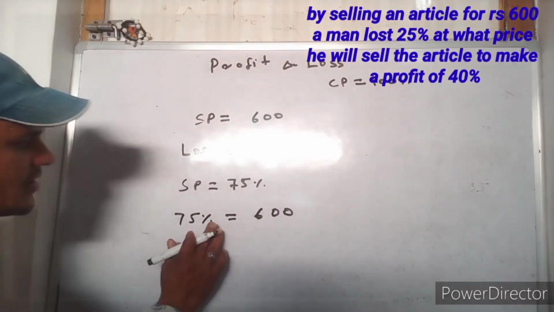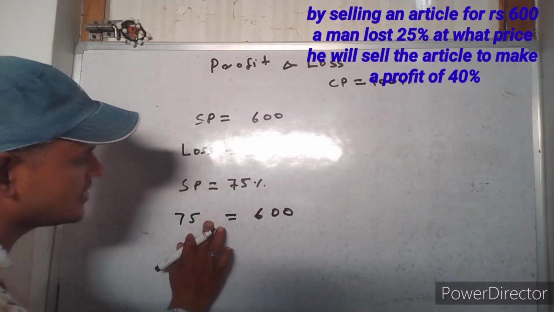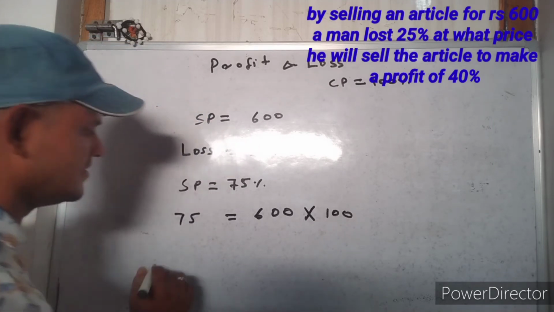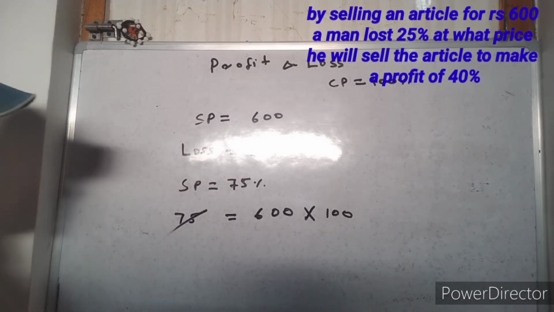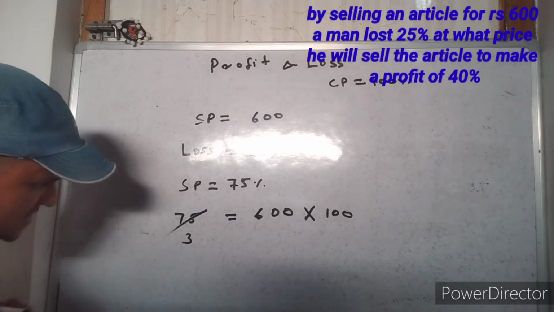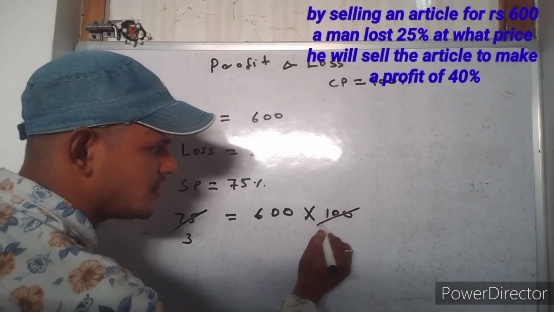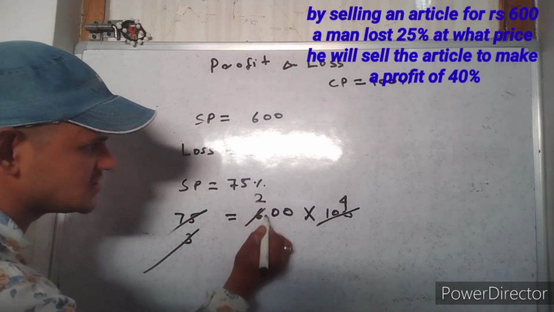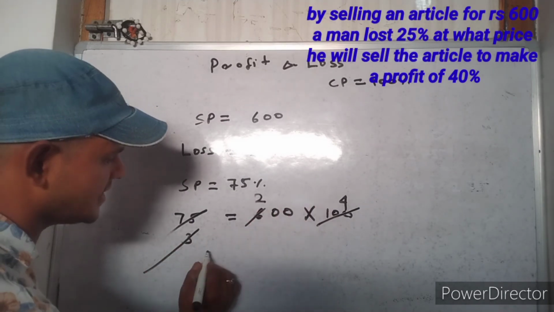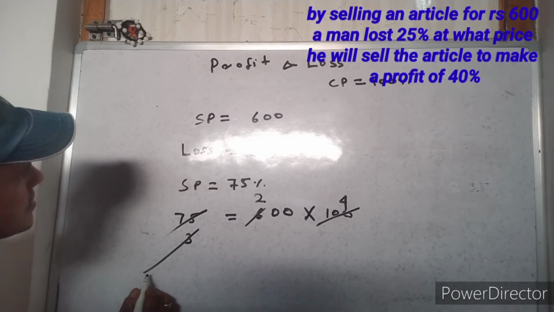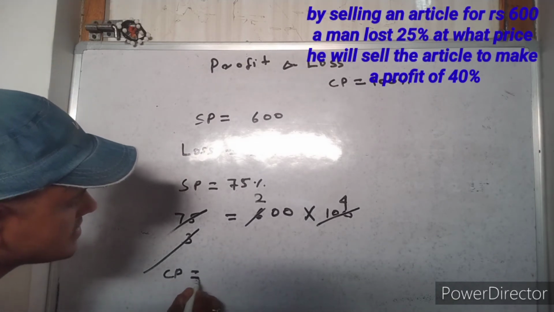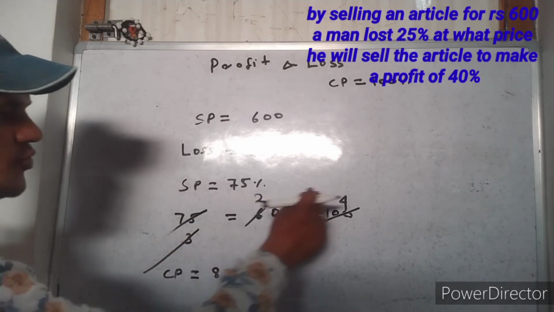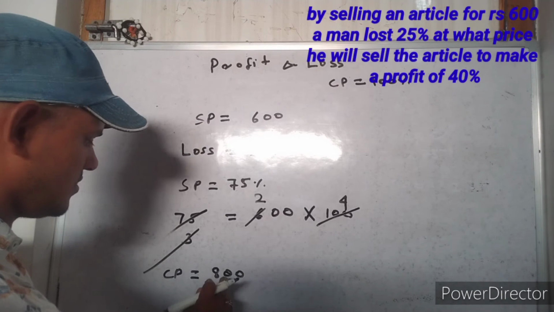So see here, percent remove here and here comes 100. 25 3s are 75, 25 4s are 100 and 3 2s are 6. So 2 4s are 8. So CP is 800, right? Because 2 4s are 8 and 2 0 comes here.